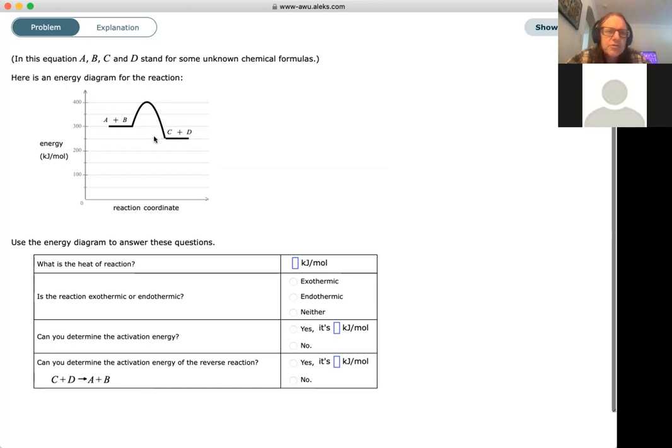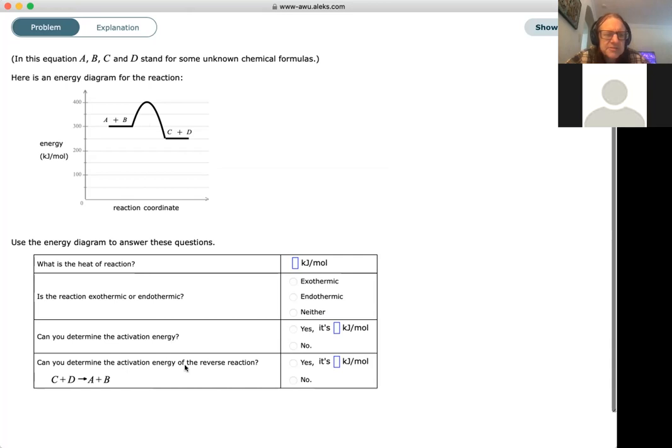So now your delta H would be plus 50, right? Because this would be final, this would be initial. So going backwards, you change the sign of delta H. And your activation energy would be higher. You'd have to go from here all the way up to there. That would be 150. So this only has 100, but the reverse reaction would have 150. But they're just asking activation energy. So that would be from A to B to the peak.